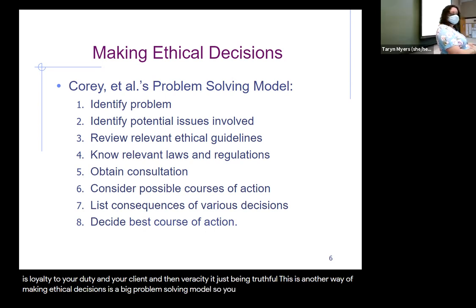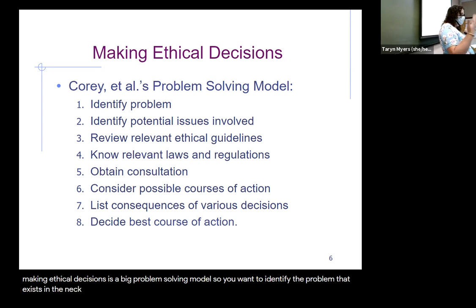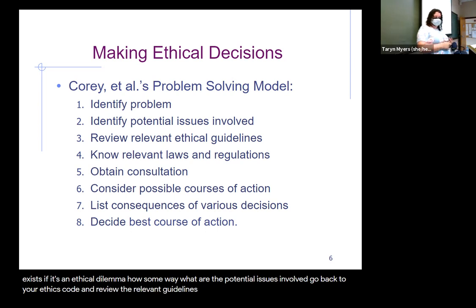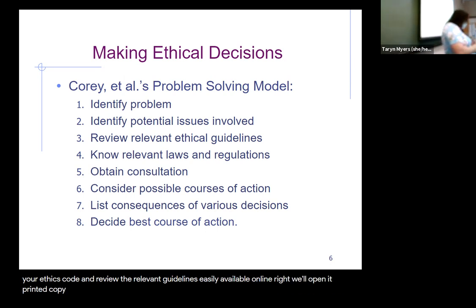So you want to identify the problem that exists, if it's an ethical dilemma in some way. What are the potential issues involved? Go back to your ethics code and review the relevant guidelines. It's easily available online, right? People will often have printed copies available in their offices.